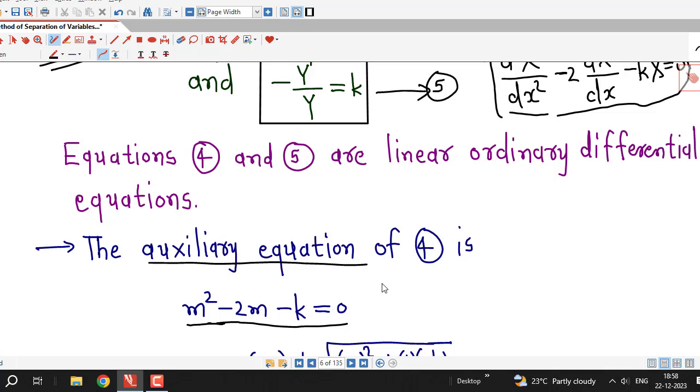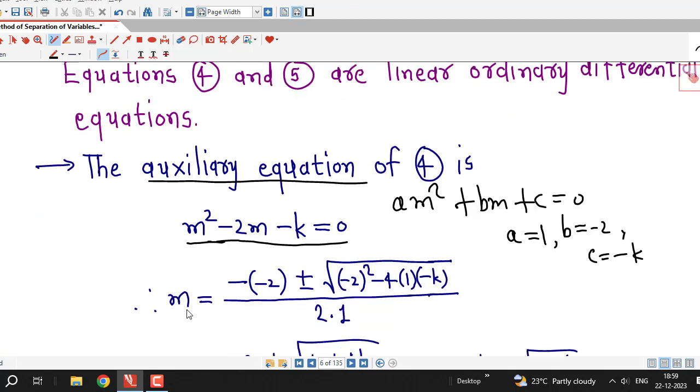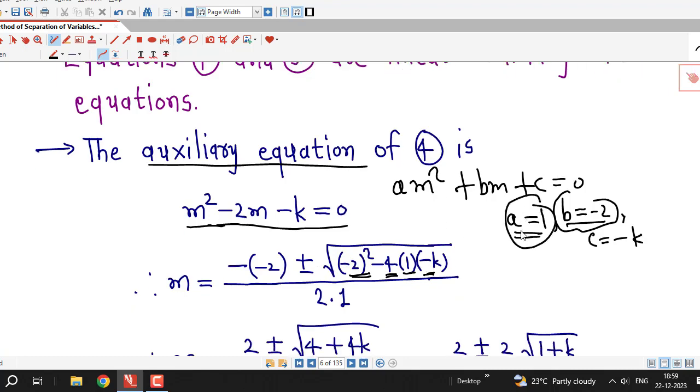And this is a quadratic equation in variable m, and if we compare with a m square plus b m plus c equal to 0, we find that a is 1, b is minus 2 and c is minus k. Therefore the solution is m equal to minus b, that is 2, plus or minus square root of b square, that is square of minus 2, minus 4 times a, which is 1, and c, which is minus k, divided by 2 times a, which is 1.